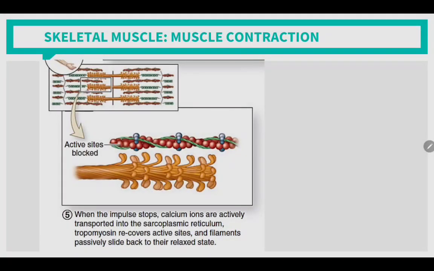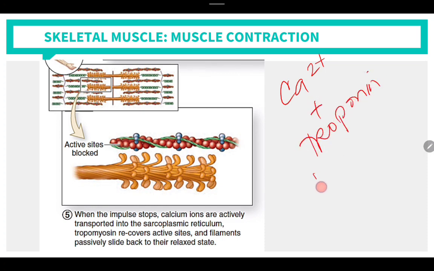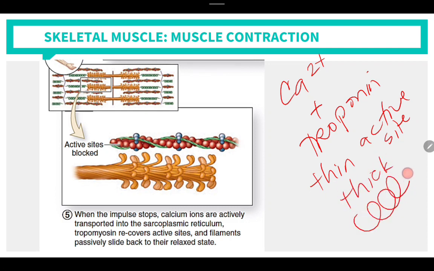For number 5, guys, when the impulse stops, okay? Since 'di ba, it all started from the impulse, yung nerve impulses na pinapadala from the brain, tama? And then hanggang sa magkaroon tayo ng calcium. Calcium plus troponin, and then ma-expose ang mga active site sa thin filaments, and then that active site na nasa thin filaments natin will bind, didikit dyan yung ating thick filament, making a twisting, yung pivot, attach, detach, yung parang ganun na movement, and that movement will generate now yung ating contraction.